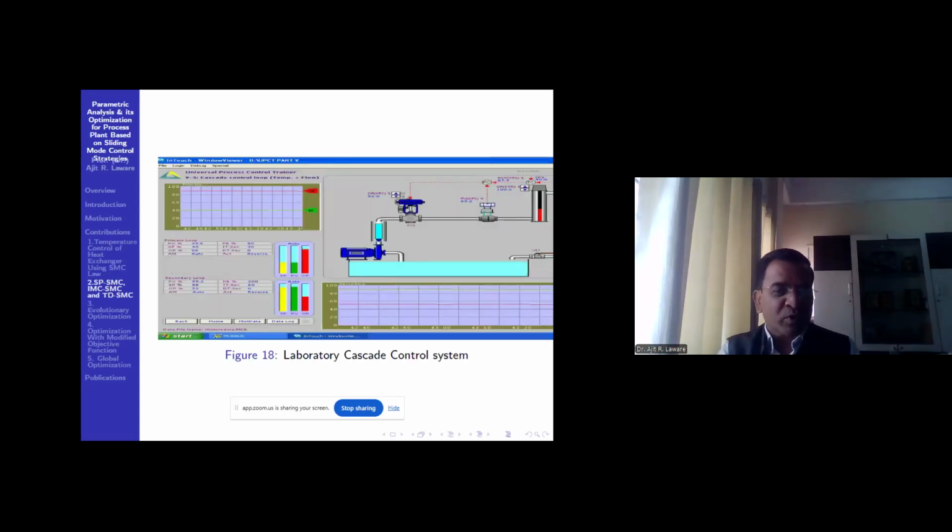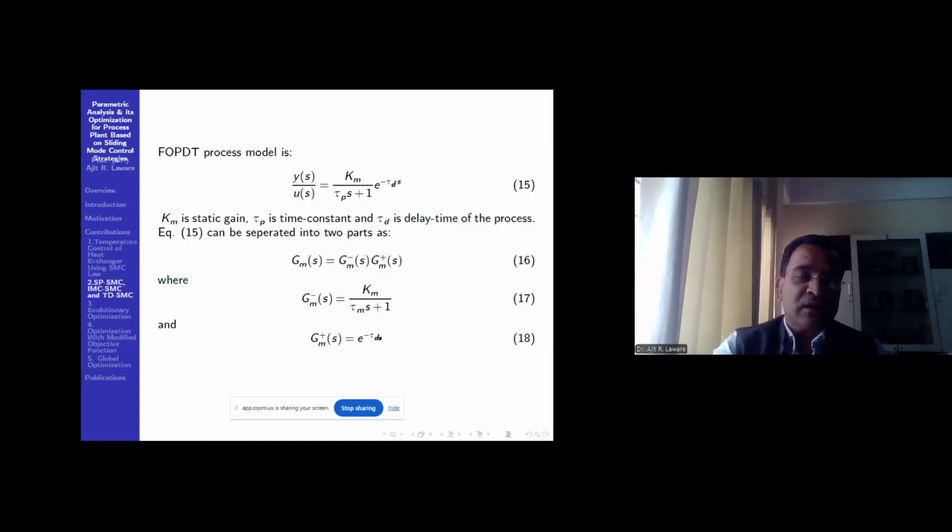These are the full cascade control system. Here, the inner loop process or secondary process must be the fast process, and the outer loop or primary loop must be the slow process. So here, flow and pressure are the inner loops, and temperature and level are the outer loop processes.